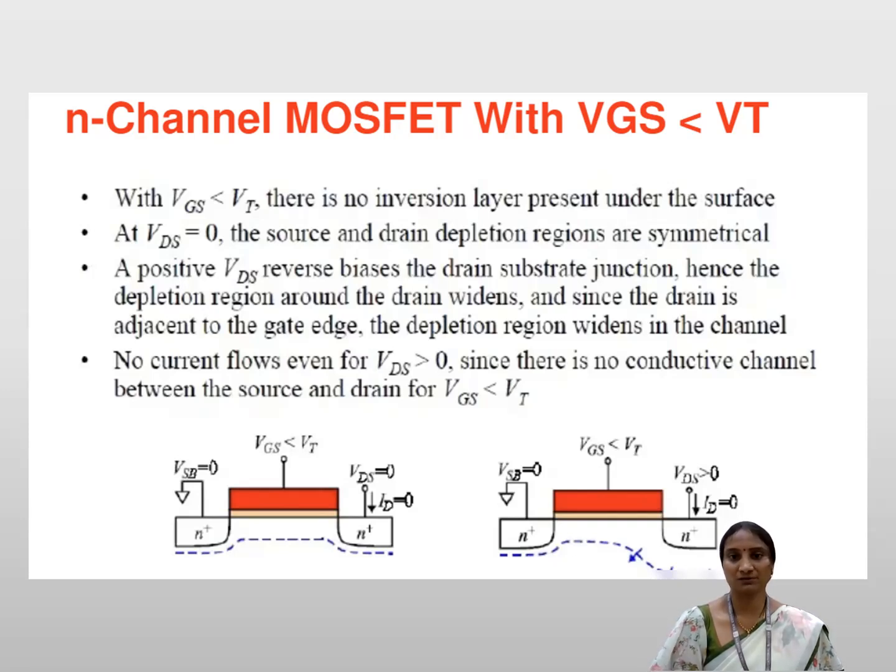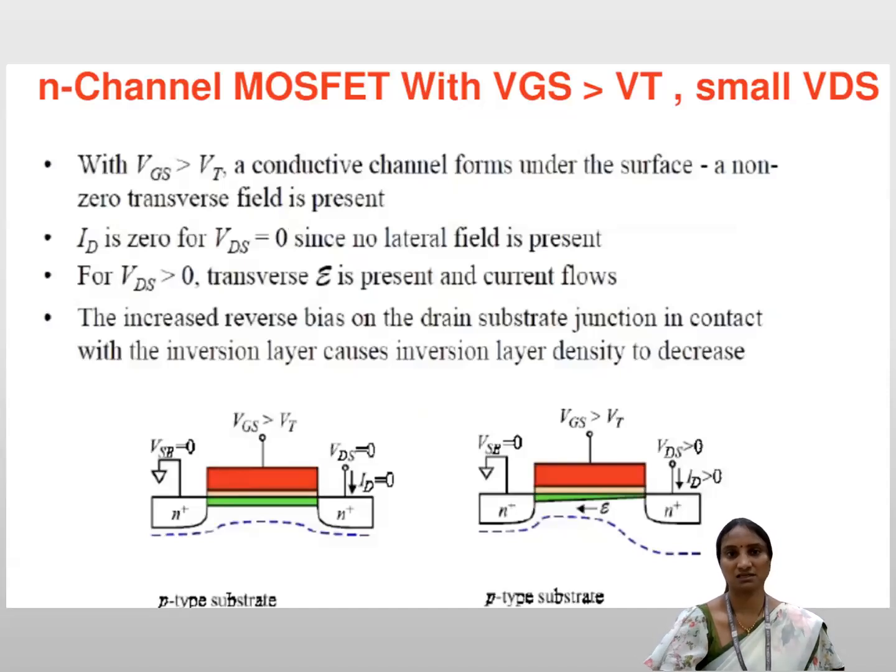Hence, no current flows even though we have applied a VDS voltage greater than zero. Even if we apply a VGS voltage greater than the threshold voltage, we receive only zero current. No current will be received because there is no conductivity in the channel between the source and drain regions. That we can observe in between the two diagrams shown below.